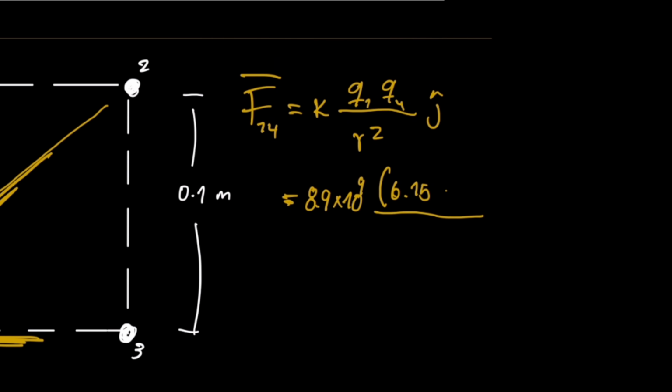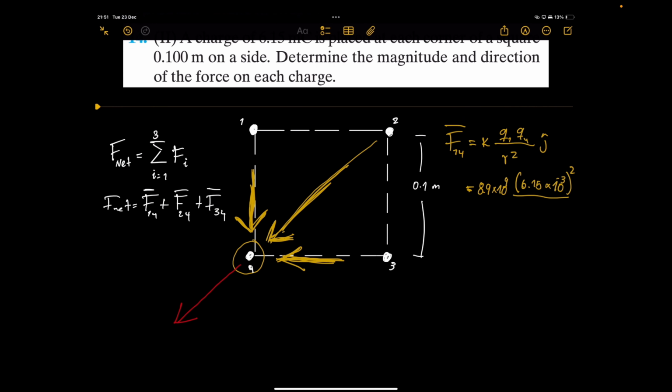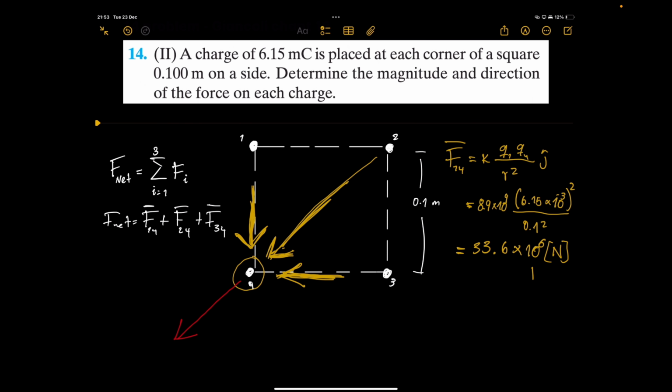Milli means 10 to the minus 3 coulombs, and since they are the same, I'm just going to square this charge value over the distance, and the distance between 1 and 4 is just 0.1 meters. So that's 33.6 times 10 to the 6 newtons, in the y-axis.